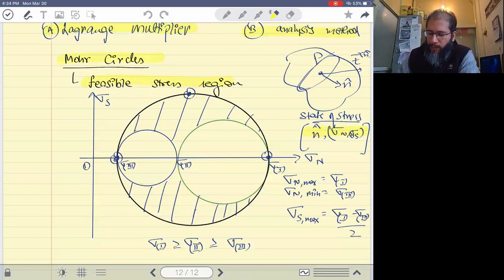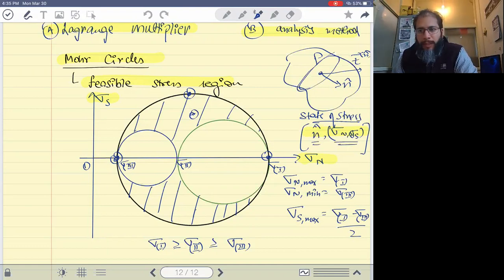So stress plane is defined as a plane which has sigma s, the shear stress, in the y direction, and sigma n, the normal stress, in the x direction. So for any given normal direction n hat, I will get one point in this feasible stress region, because the state of stress tells you that if you have an n hat, then you have a corresponding sigma n comma sigma s or a corresponding stress vector.